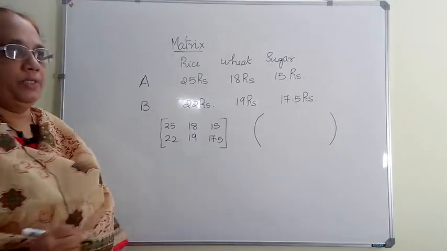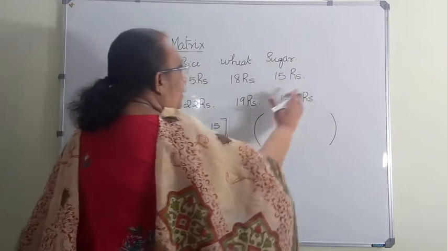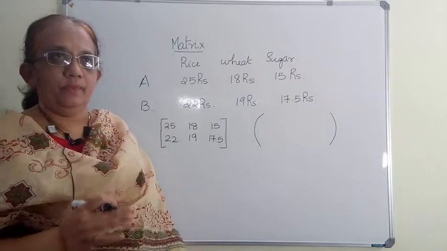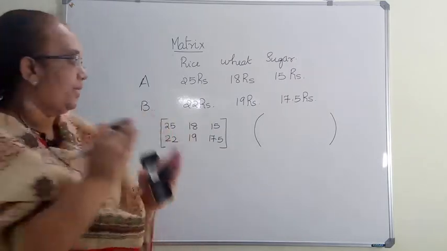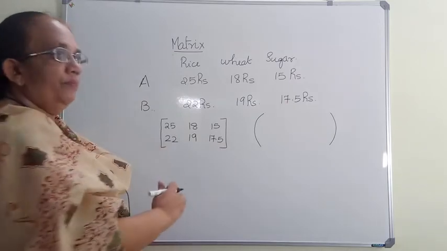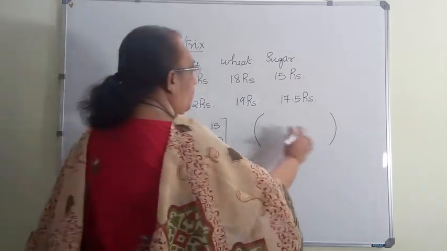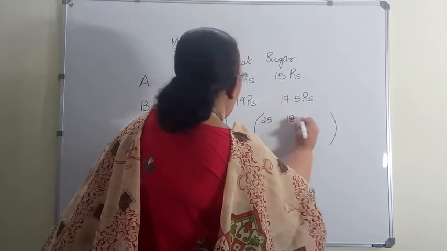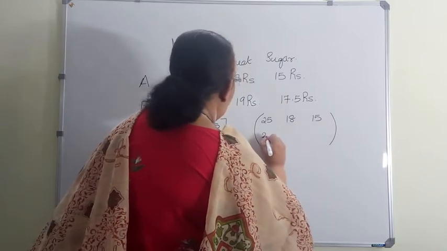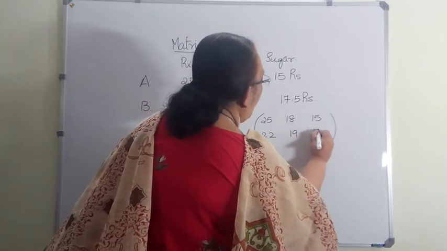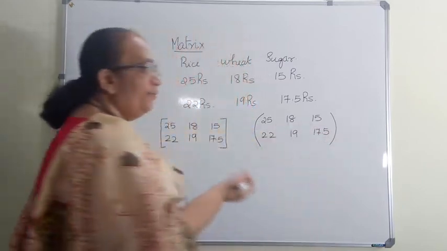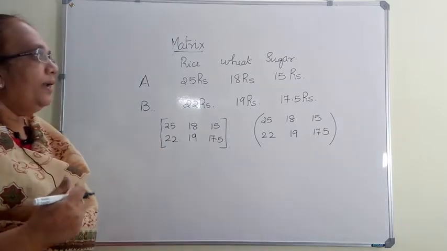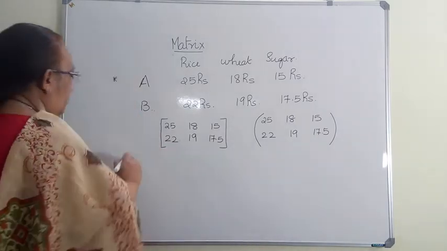So, this whole data is now compressed into compact data, written in a tabular form. This can also be written in single brackets as 25, 18, 15, 22, 19, 17.5. When you refer to different textbooks, you can see both notations. It makes no difference.